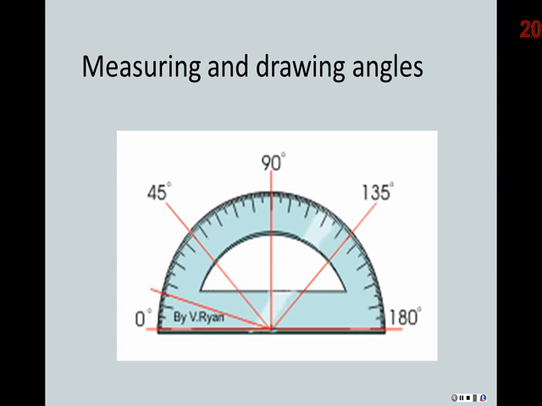Straight up and down. This is called a right angle because you're forming a 90-degree angle, perpendicular, right? We talked about 90-degree angles being in perpendicular lines. So this is a right angle, 90 degrees.